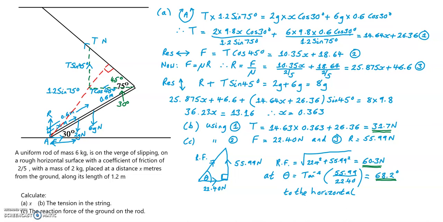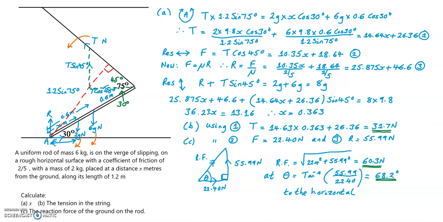So the red dashed line is 1.2 sine 75 degrees. Now the tension in the string is going to try and produce an anti-clockwise moment, and the two weights are both trying to produce clockwise moments as shown by the orange arrows.